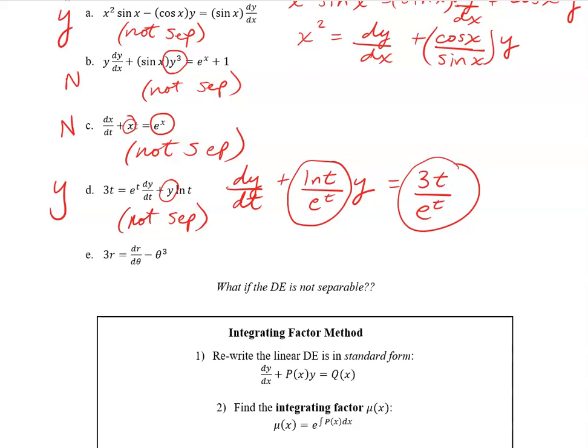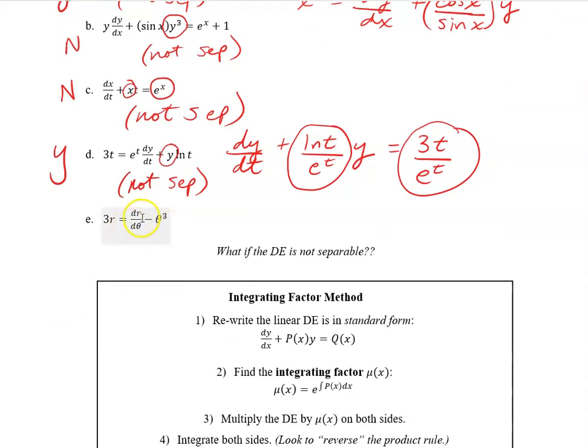How about the next one? We've got 3r equals dr d theta minus theta to the third. So establish in your mind, r is the dependent variable, theta is the independent variable. So I think we are good to go here. If we want to put this in standard form, you'll see that we have dr d theta minus 3r equals theta to the third, just moving some things around.